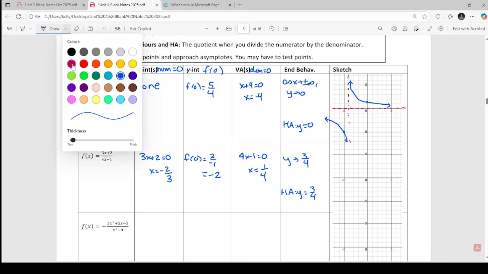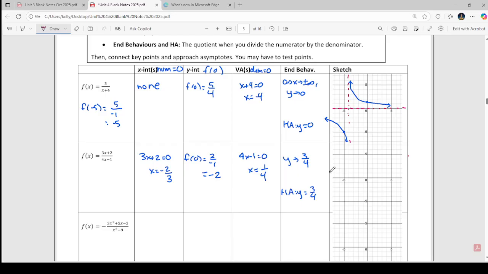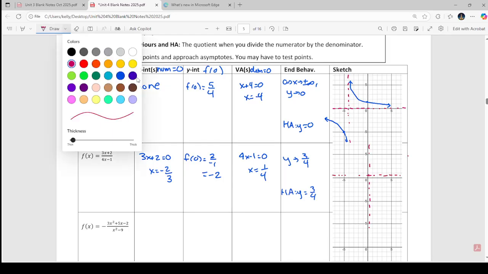You with your rulers are going to have a much better time than me, but I will draw a vertical asymptote very close to my y-axis and a horizontal asymptote very close to y equals 1. All right, and then there are 2 points to put on.